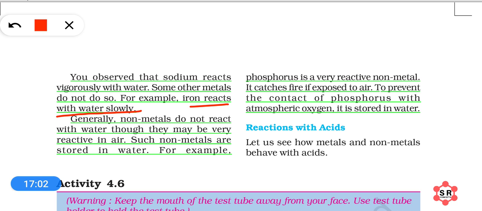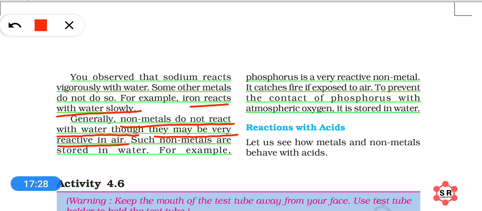Now if we talk about the reaction of non-metals with water, then non-metals do not react with water, though they may be very reactive in air. So non-metals generally do not react with water. Metals react with water, some very fast and some very slowly, but non-metals do not.